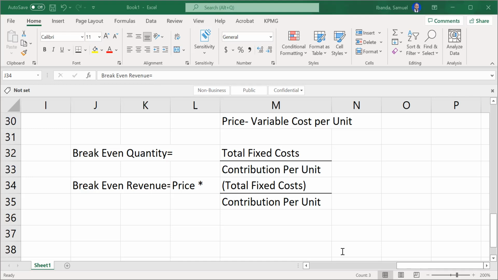I hope we don't have any questions up to that level about how contribution comes in. Now, I want us just to look at an example of CVP.